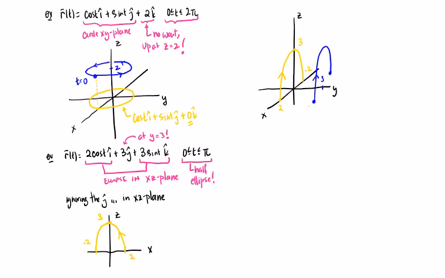It begins at x equals 2, y equals 3, z equals 0. It tops out at x equals 0, y equals 3, z equals 3. And it ends at the back here at x equals -2, y equals 3, and z equals 0. And that's our final sketch.